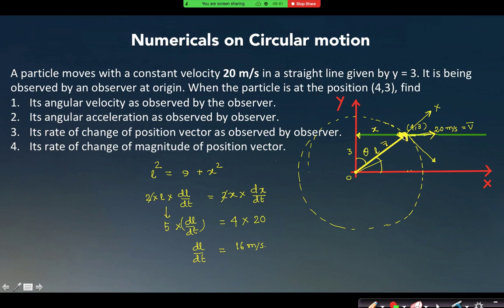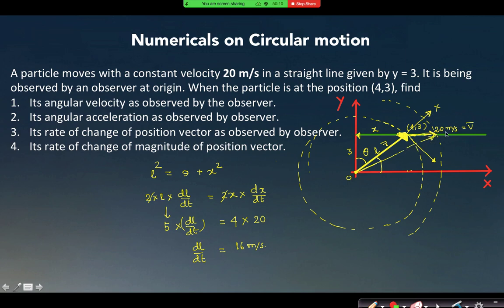But now the observer says that if the velocity has a component along this direction, then I must understand that the radius of that circle is continuously increasing. Look, after some time the particle is here, so the circle will be here. After some time the radius of the circle will increase.